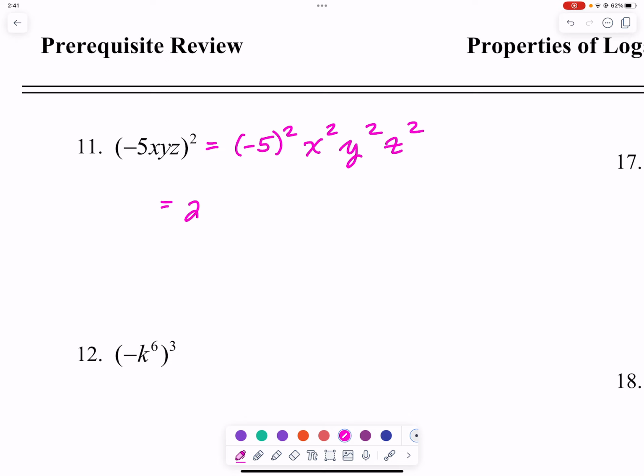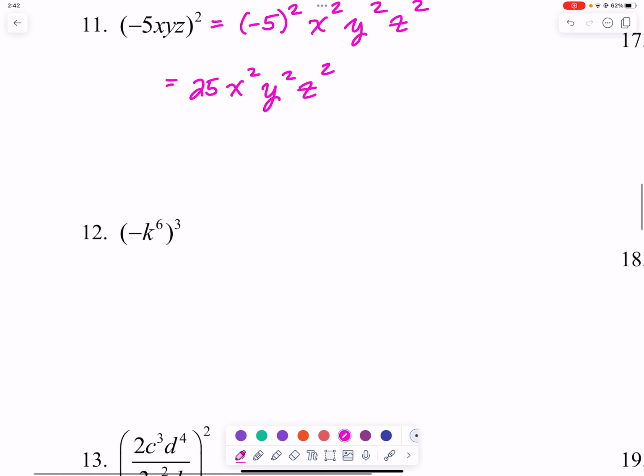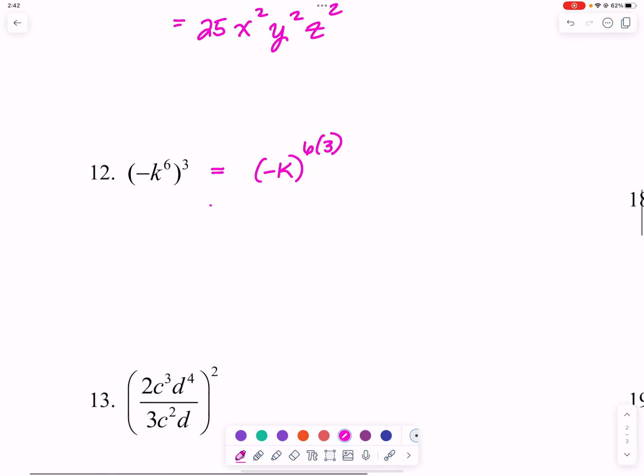So we end up with 25x squared, y squared, z squared. As you can see here, we have a power raised to a power. So we have negative k raised to the 6th times 3 power.